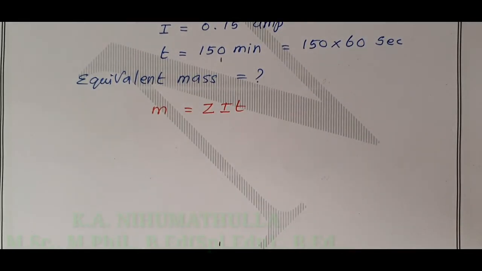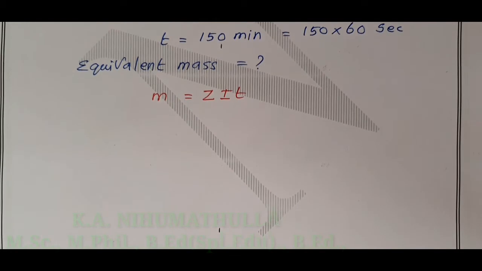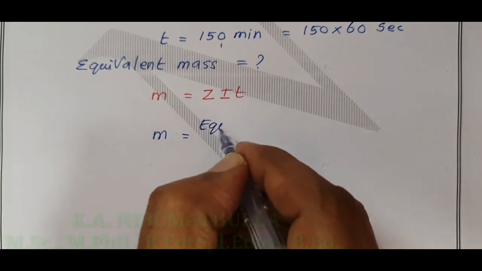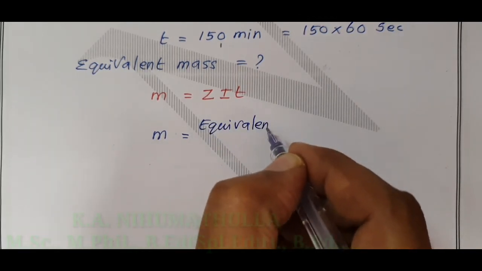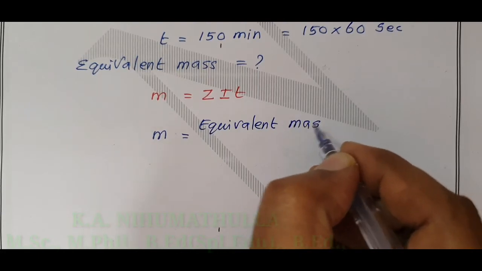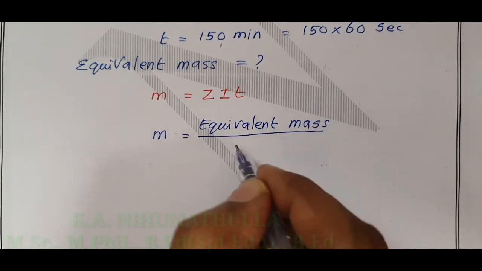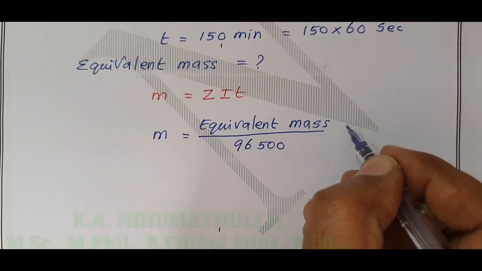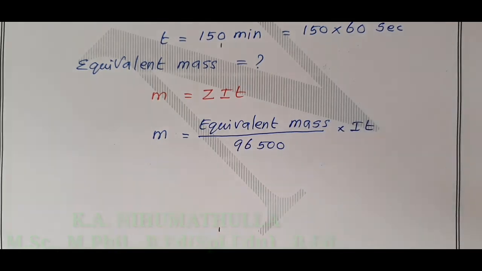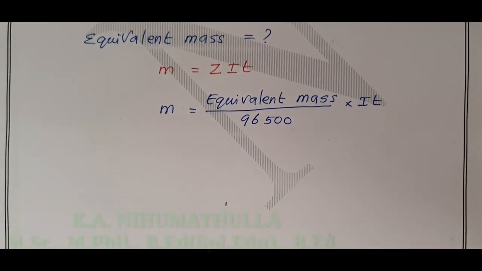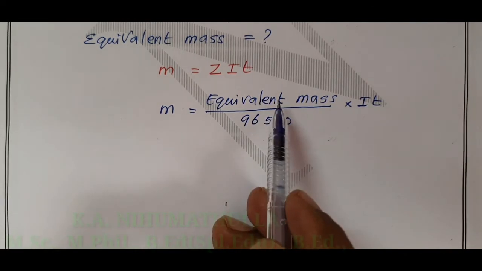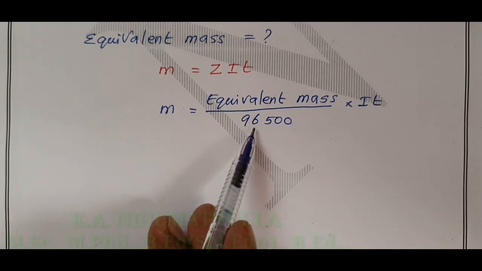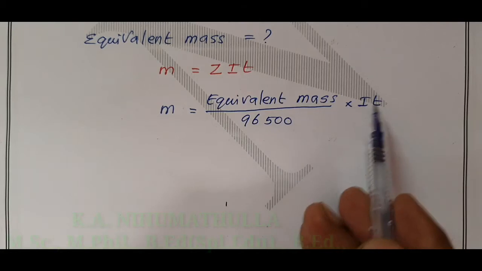From that only we can calculate the equivalent mass. Except this quantity, bring all the other quantities to the left hand side. When you bring 96,500, it comes in the multiple and divide.